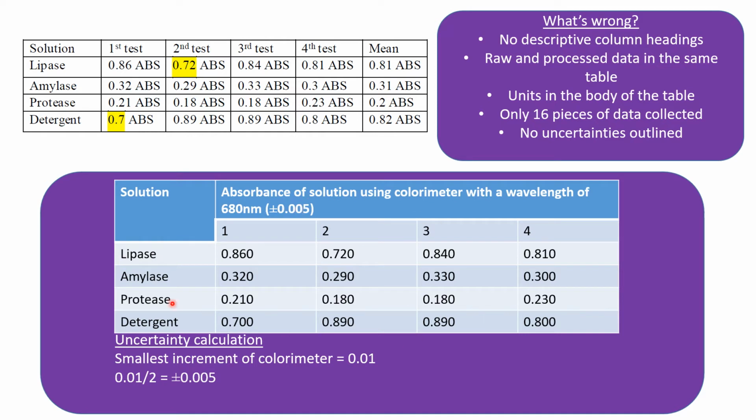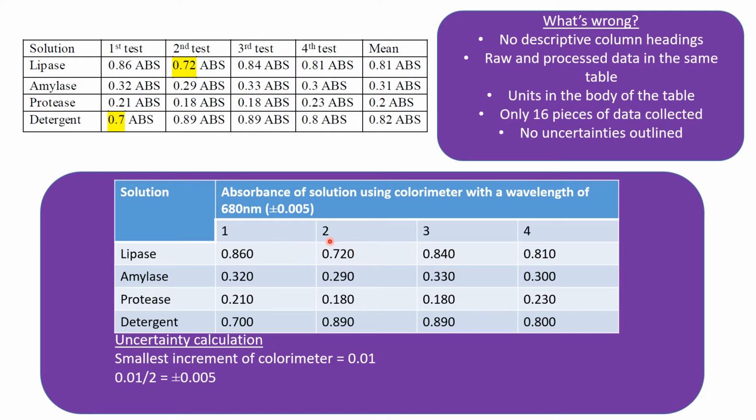You've also got your uncertainty calculation here. So the smallest increment of the colorimeter was an absorbance of 0.01. What we then do is we split that. So 0.01 divided by 2 would give us plus or minus 0.005. That means that essentially if you collect a piece of data that's 0.720, actually what you're saying is this is the result that I got.